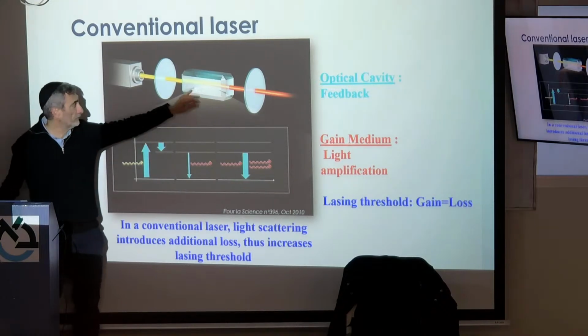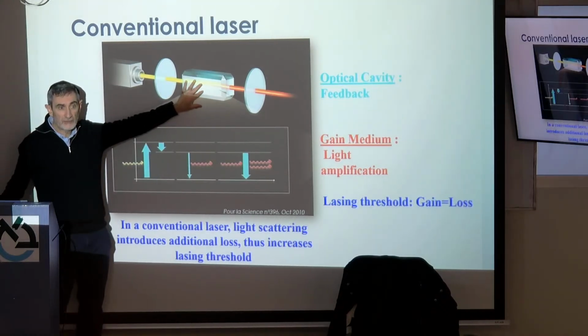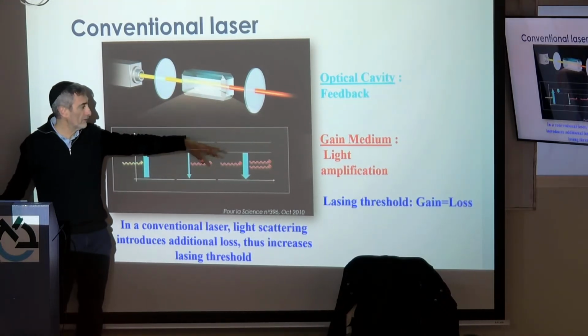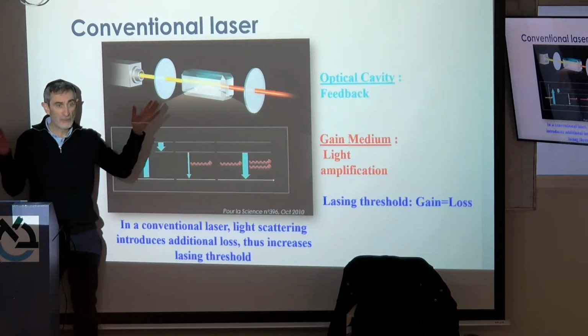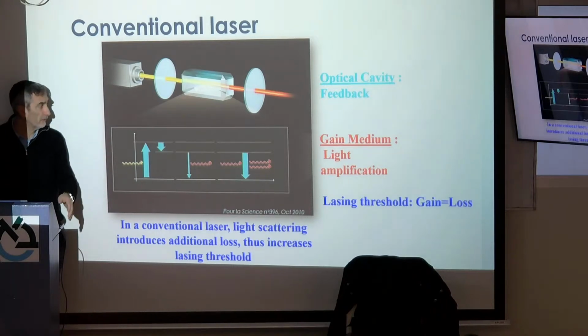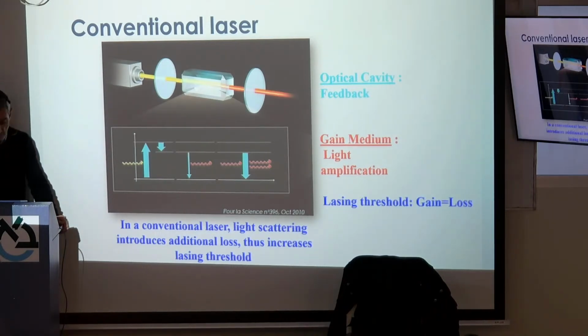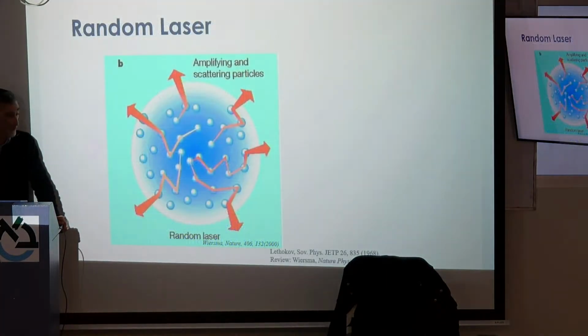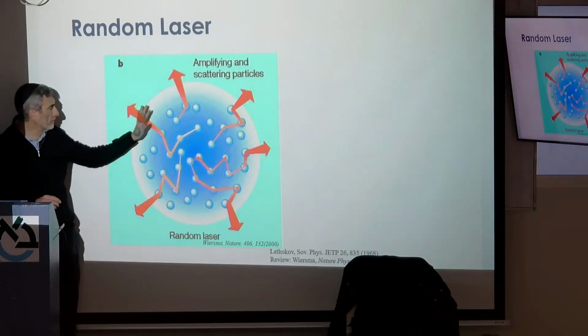Obviously, if you start to introduce scattering inside the system, that's not good because you are going to increase the losses. Light will come out of the cavity, and it will be detrimental to the lasing threshold. So it's not a very good idea to put scattering there. Although there is a completely different approach that was proposed a long time ago, in 1968, by Letokhov, who says, let's take a gain medium.